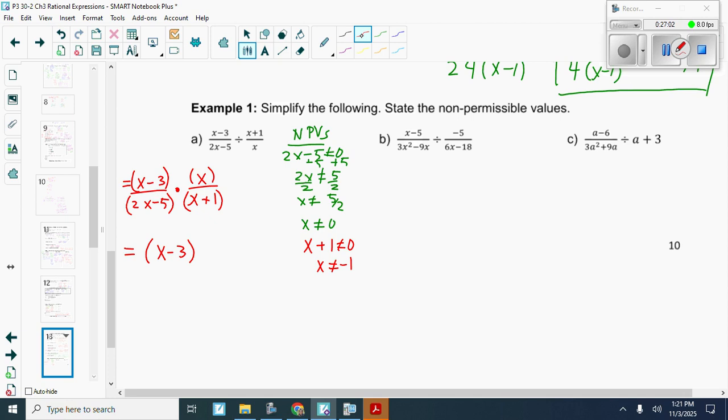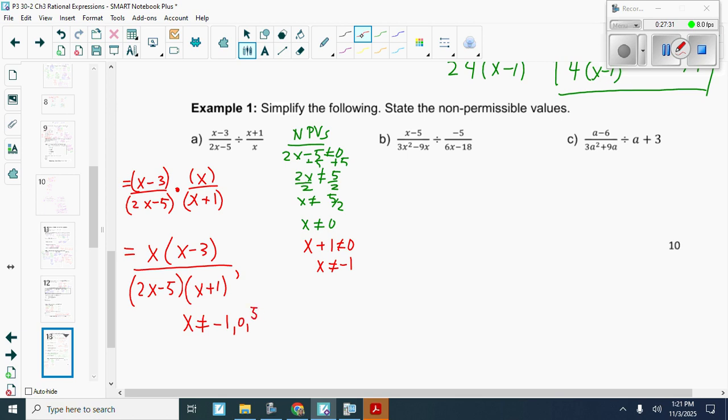But where do we normally write the monomial part? We write it before the binomial. So just to clean this up, I would write the x first, then x minus 3. On the bottom, you don't have to unless there was a monomial, in which case you would write the monomial first. And then you would just list your x cannot equal negative 1, 0, and 5 over 2.